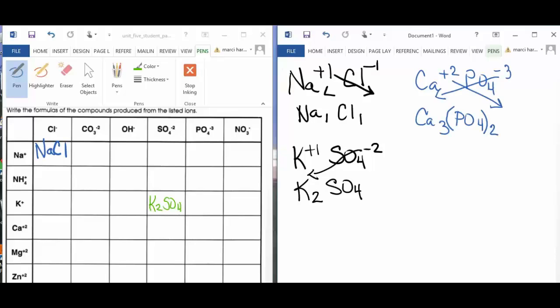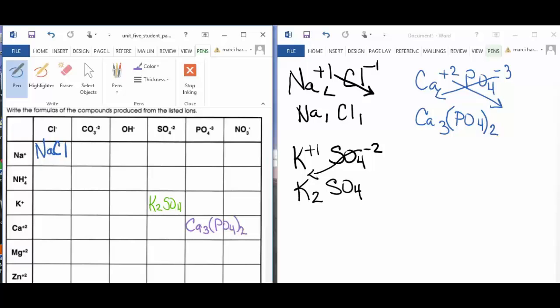Anytime you write a number next to a polyatomic ion, you want to put it in parentheses. And so this is going to be the final answer for this one. Let me come back over here and write that final answer. So just remember to use the parentheses anytime you're putting a number next to that polyatomic ion.